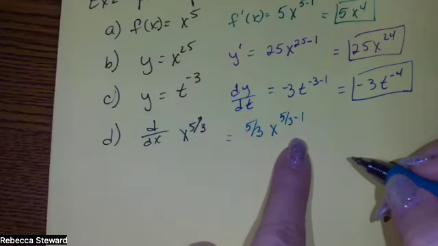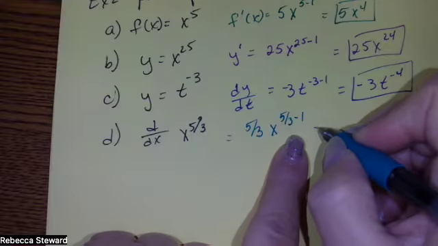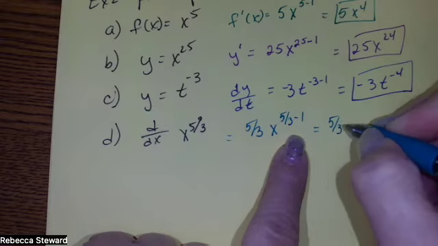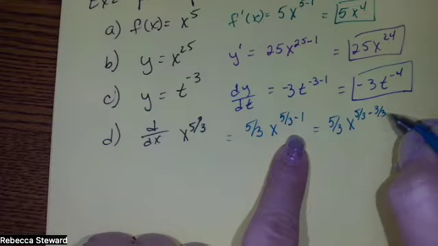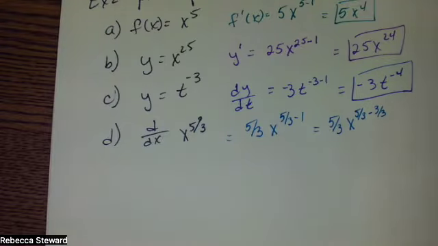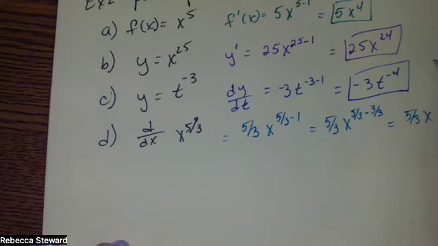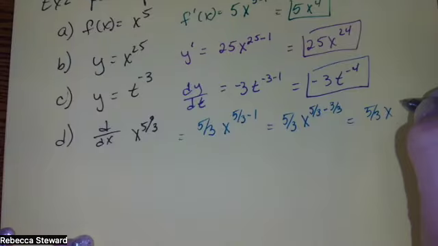Now, to subtract fractions, we've got to have a common denominator. So this will get us 5 thirds x to the 5 thirds minus 3 thirds. We have a common denominator. And that'll get us 5 thirds x to the 2 thirds.